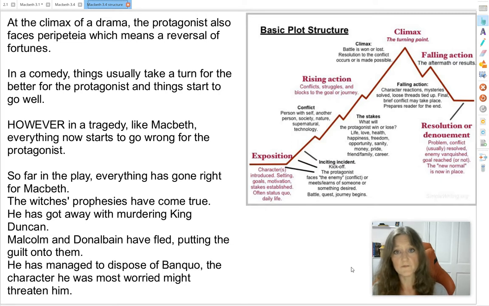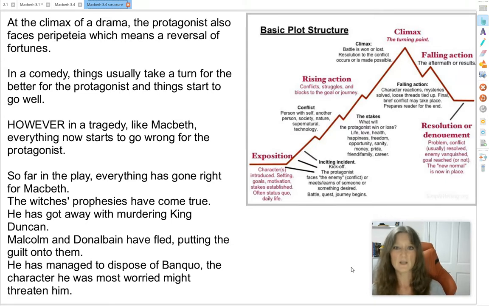He bats that off in Act 3, Scene 4 for now. He says, I'll worry about that later. He's not a threat to me at the moment. I'll worry about that later. But then, of course, the big thing that happens in Act 3, Scene 4 is this ghost of Banquo turns up. Banquo's soul can't go straight to heaven.